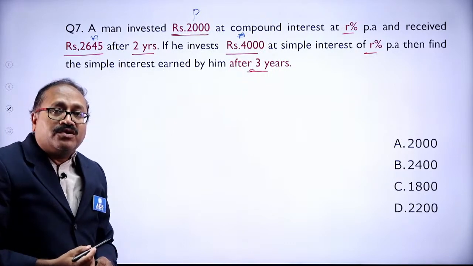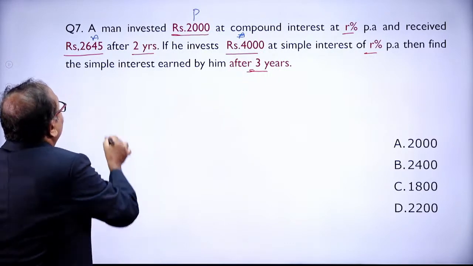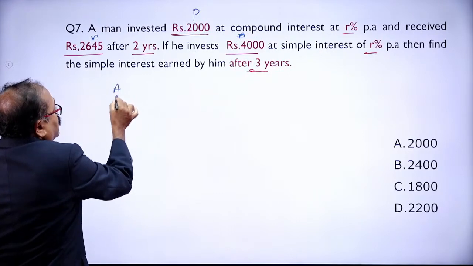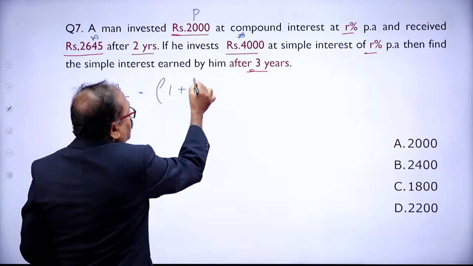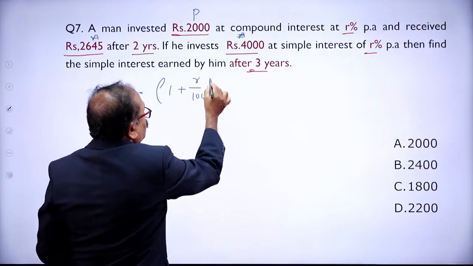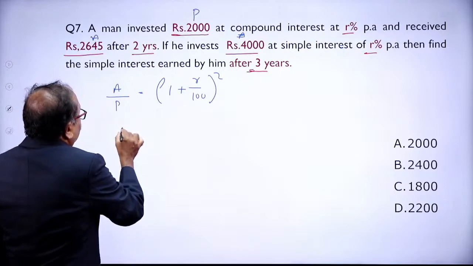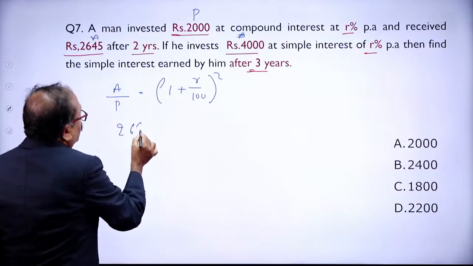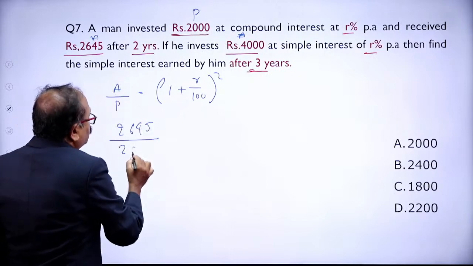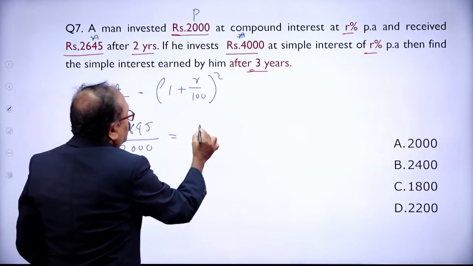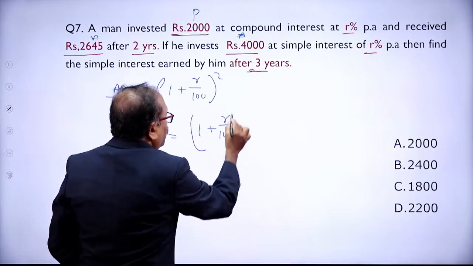How do we find out the rate? In that case, we write this one. A by P is equal to 1 plus R by 100 to the whole power 2. What is A here? That is 2,645 by P, which is 2,000, which is equal to 1 plus R by 100 to the whole power 2.